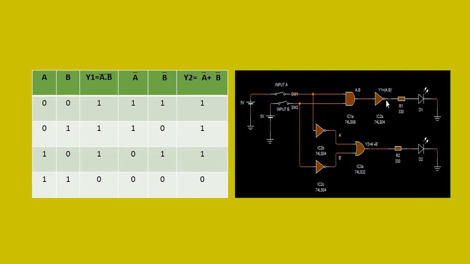So the output of this NOT gate is (A dot B) whole bar. So this is the Y1 output. By using the D1 diode we get the Y1 output function. So this is one part of the circuit, the LHS part of the circuit. Now how do we design the RHS part of the circuit?